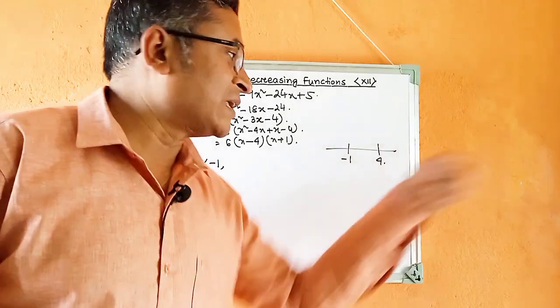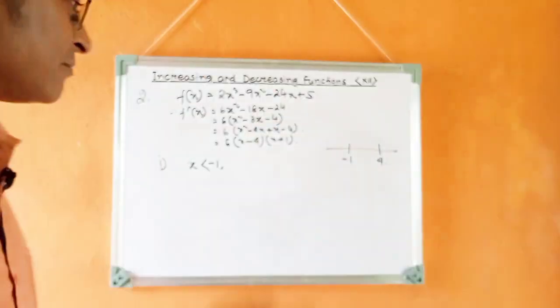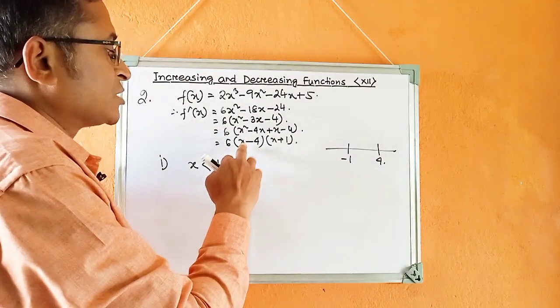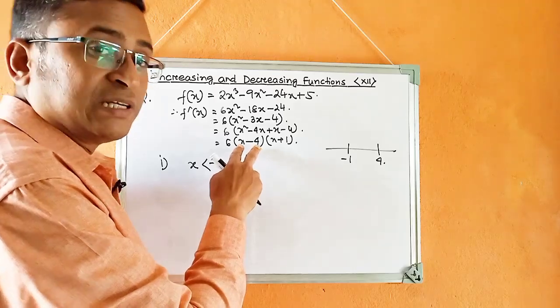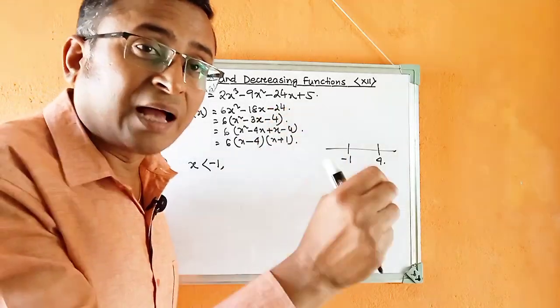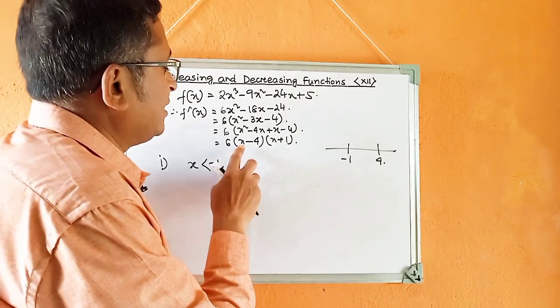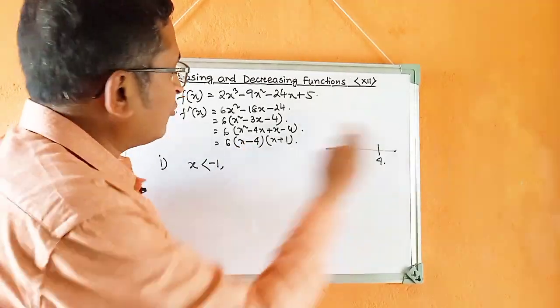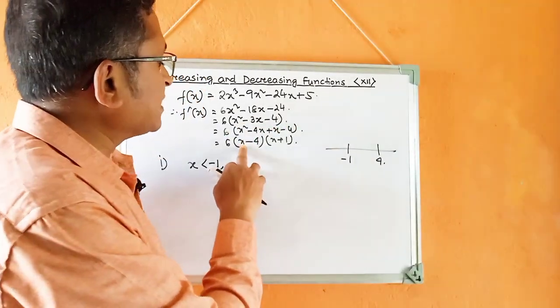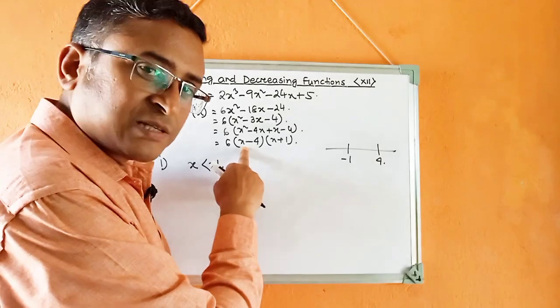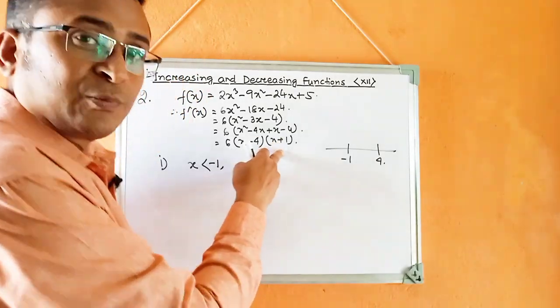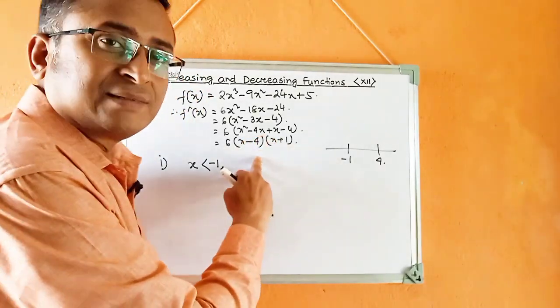Now check more than plus 4. Check plus 5. Just look at the sign, positive or negative. If x is more than 4, take 5: 5 minus 4 is a plus value, and 5 plus 1 is also a plus value. So plus into plus is plus.